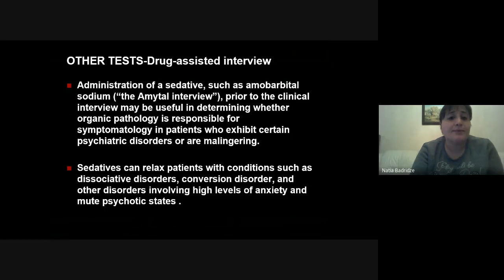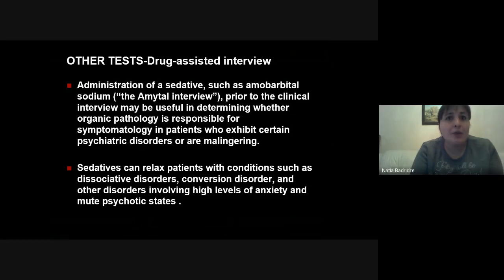We may administer a sedative such as amobarbital sodium, also called an amytal interview, prior to the clinical interview, and it is useful to determine whether organic pathology is responsible for the symptomatology or the patient is malingering, because sometimes people malinger the symptoms of a disorder to, for example, get some medical care.